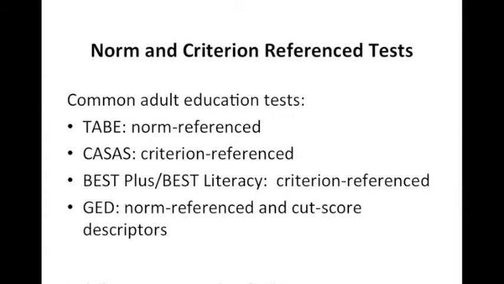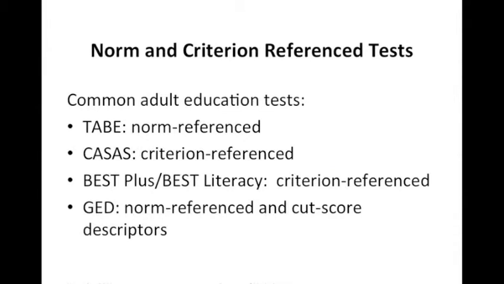Norm referenced refers to tests in which one group is being compared against another. So, all the people who take the TABE are basically being compared against each other when the results come from their test taking. In CASAS, you have a whole set of criteria that you are working towards.